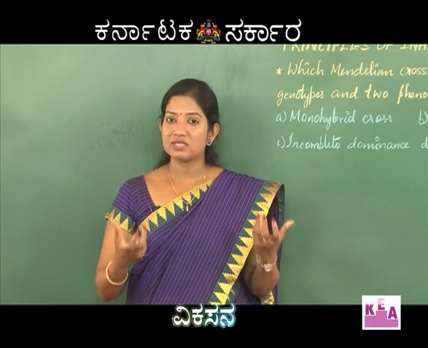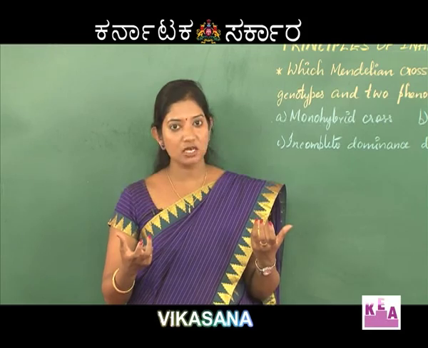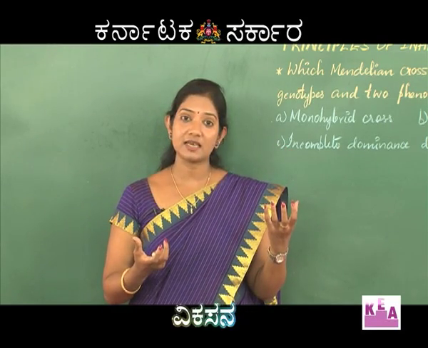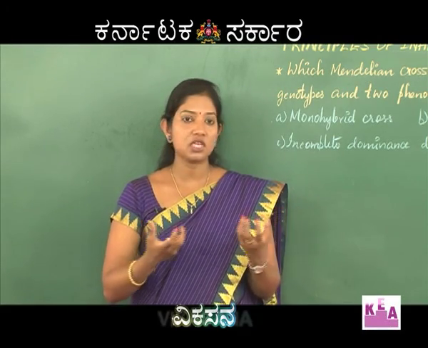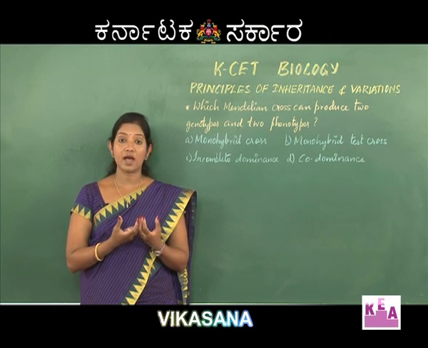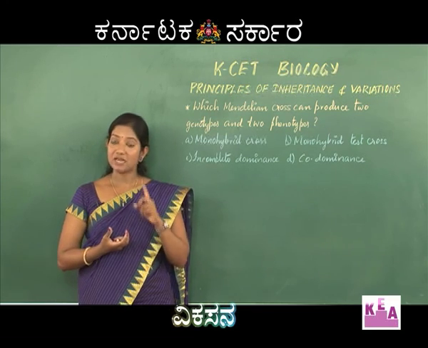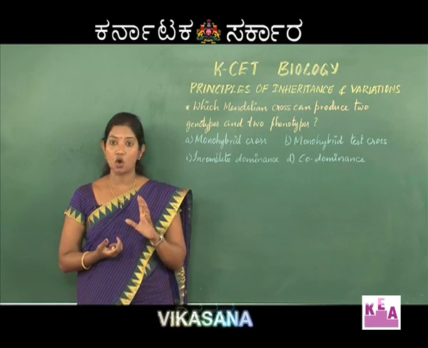When they produce the gametes, the tall plant will produce a gamete containing a dominant gene and the dwarf plant will produce a gamete containing a recessive gene. So when the gametes fuse, it results in the formation of a hybrid which will have a dominant gene and a recessive gene. But because of the presence of the dominant gene, the hybrid will be tall.